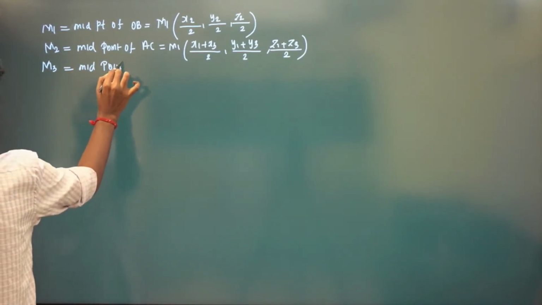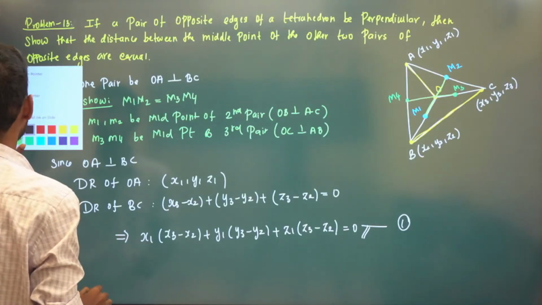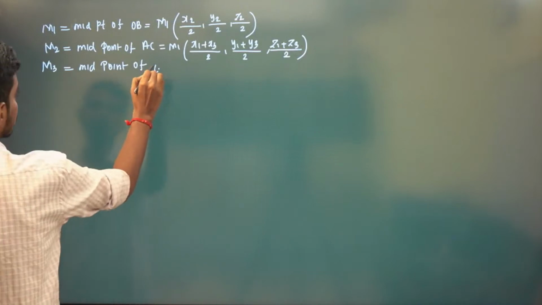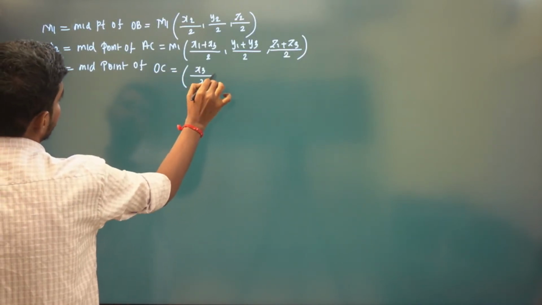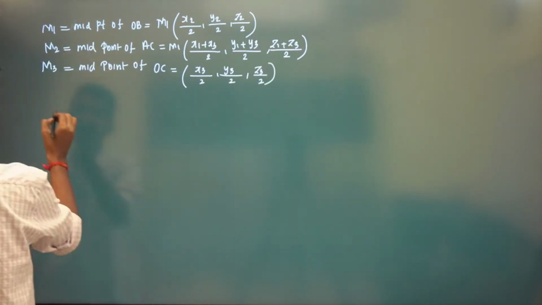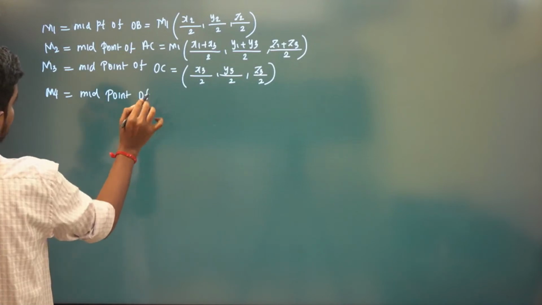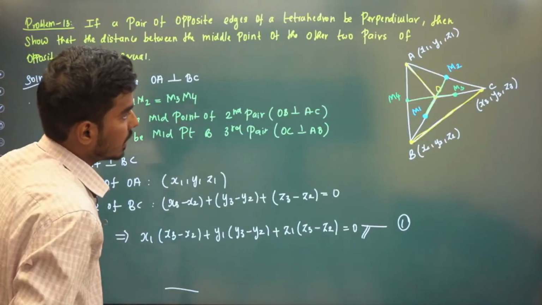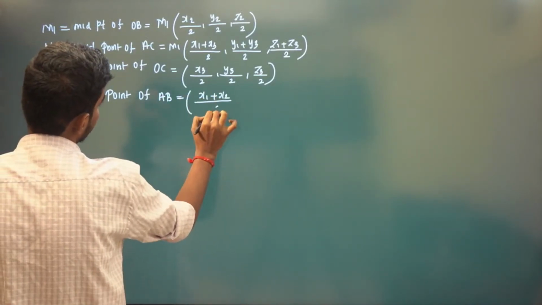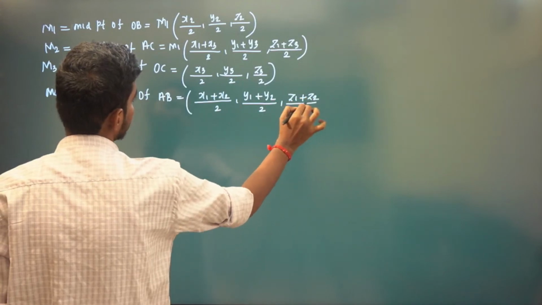M3 is the midpoint of OC, which is x3 by 2, y3 by 2, z3 by 2, and M4 is the midpoint of AB, which is (x1 plus x2) by 2, (y1 plus y2) by 2, (z1 plus z2) by 2.